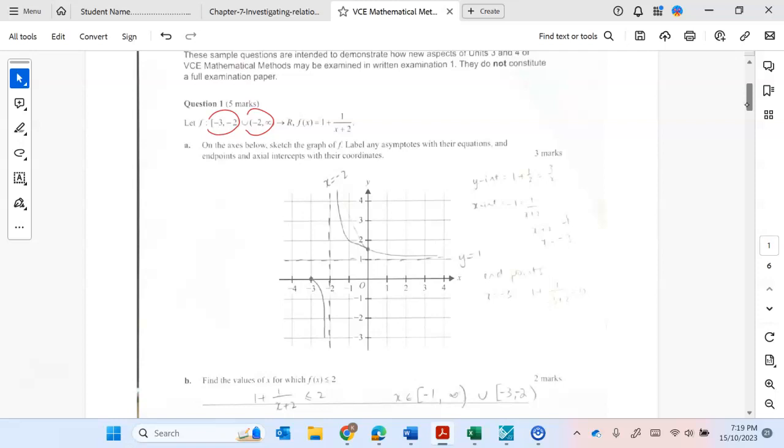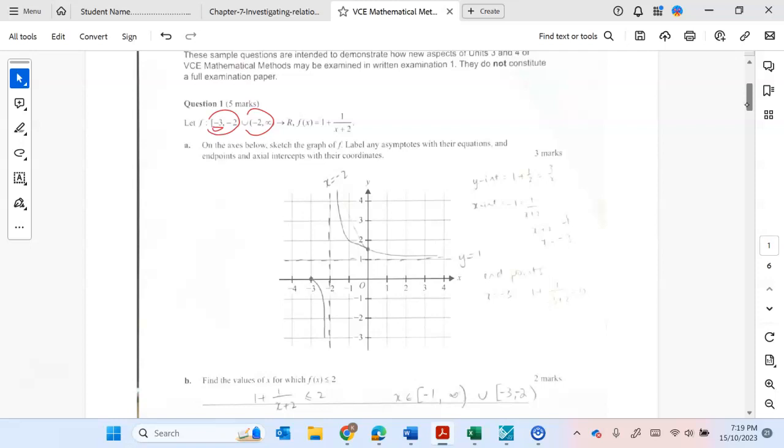With your hyperbola, usually you would have for x any real value excluding where you have your asymptote. For this one it is at x equals -2, but we've got this extra condition that we're going to be starting at -3. So including -3, we do need a closed circle there.